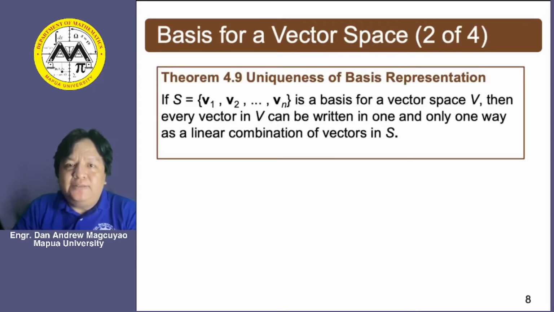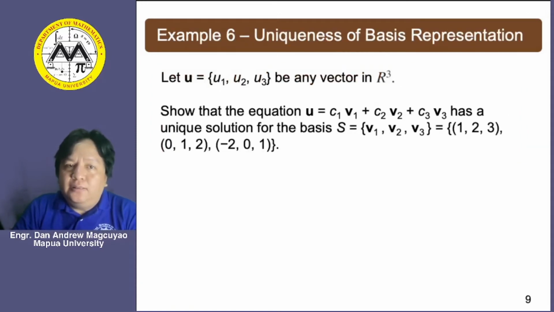Uniqueness of basis representation. If S equal to {v1, v2, up to vn} is a basis for the vector space V, then every vector in V can be written in one and only one way as a linear combination of vectors in S. Let u equal to (u1, u2, u3) be any vector in R cube.